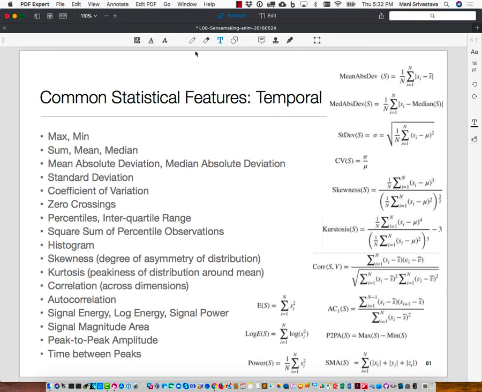A histogram is very good: you can just create some bins, and that captures a lot about the signal. Asymmetry of the distribution, with formulas like skewness and kurtosis. Correlation across two sensing channels, autocorrelation within a sensing channel, how much energy the signal has.